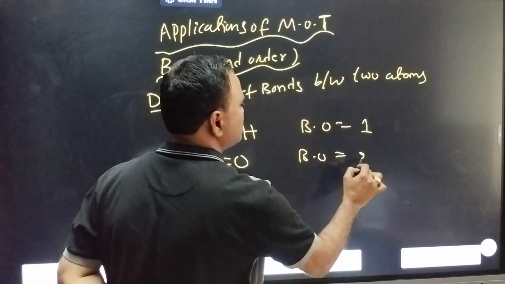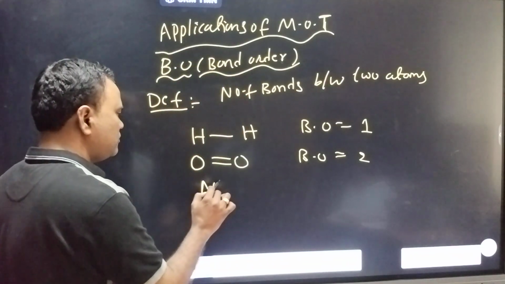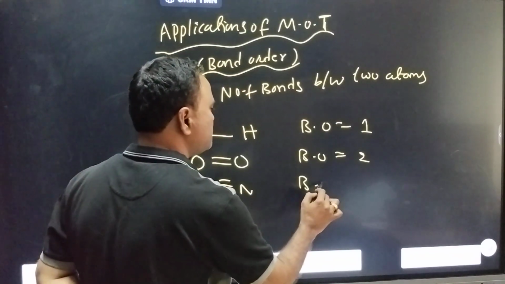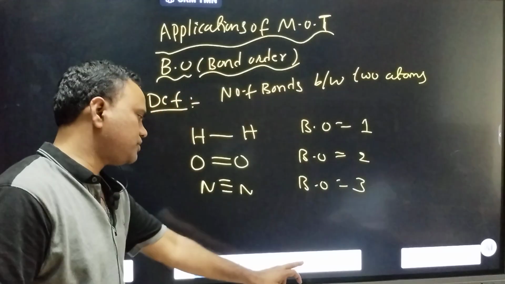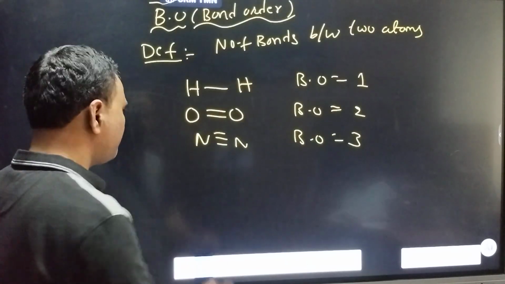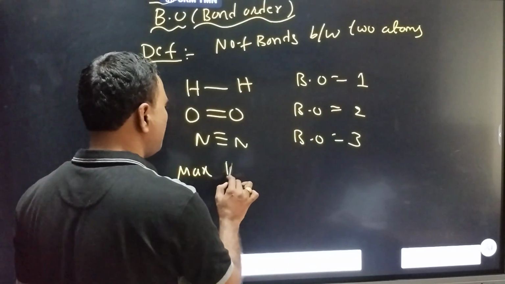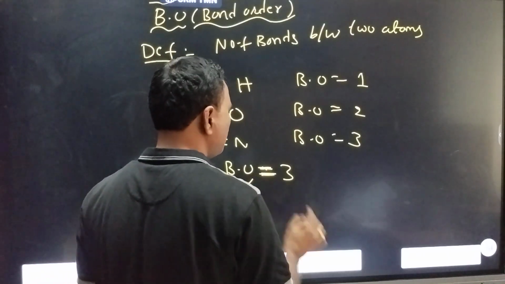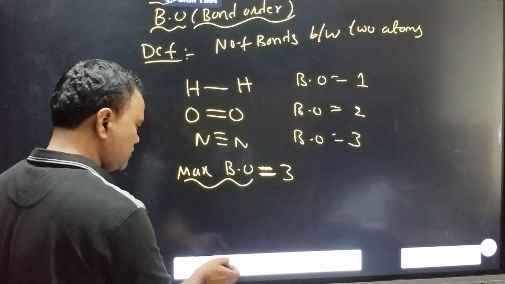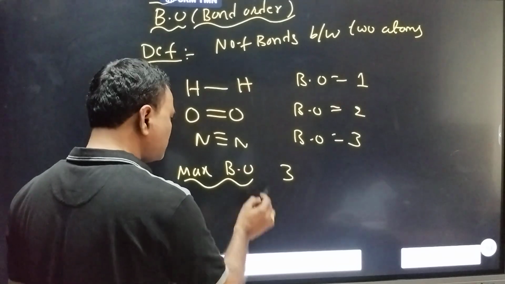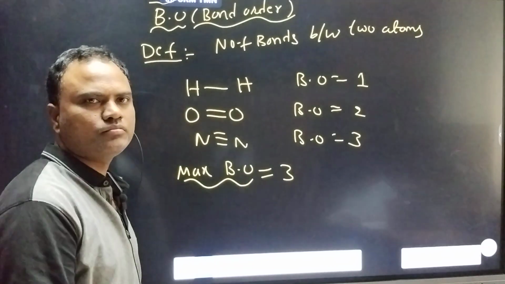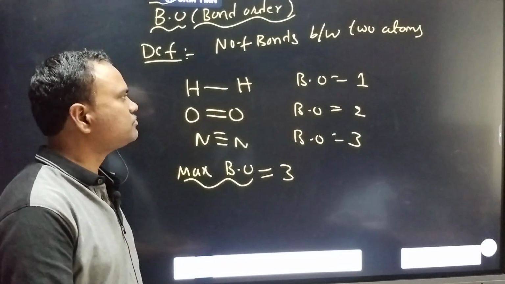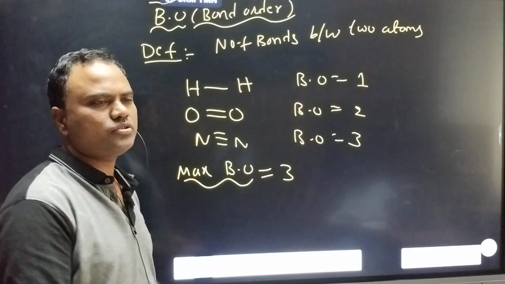Here the bond order is two. Guess what the maximum bond order is? Three only. More than three is not possible.